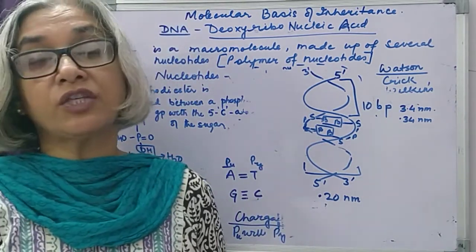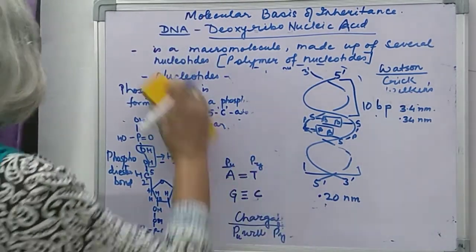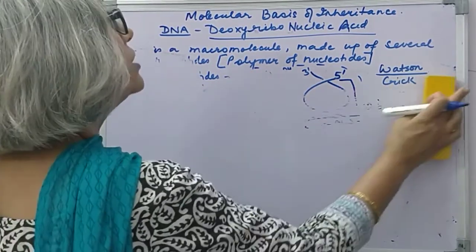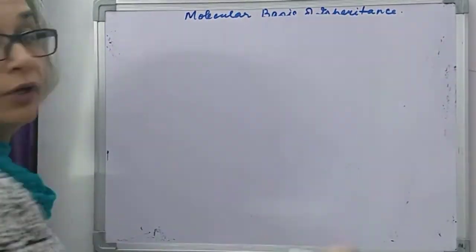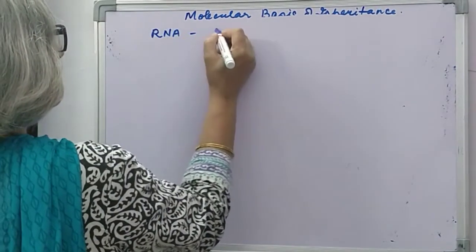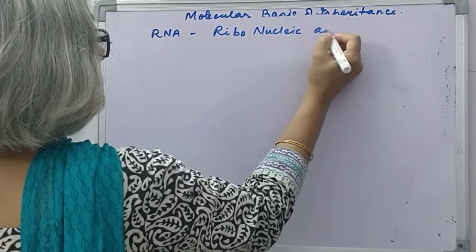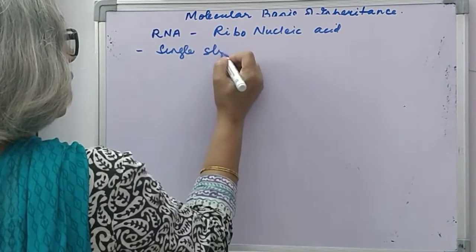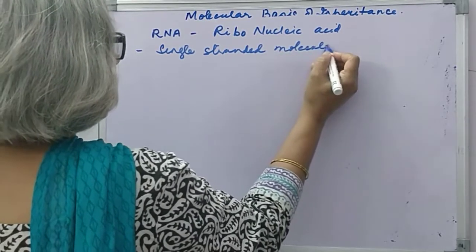Now we come to the structure of RNA. RNA stands for ribonucleic acid. Unlike DNA, it is a single-stranded molecule, not a double helix.